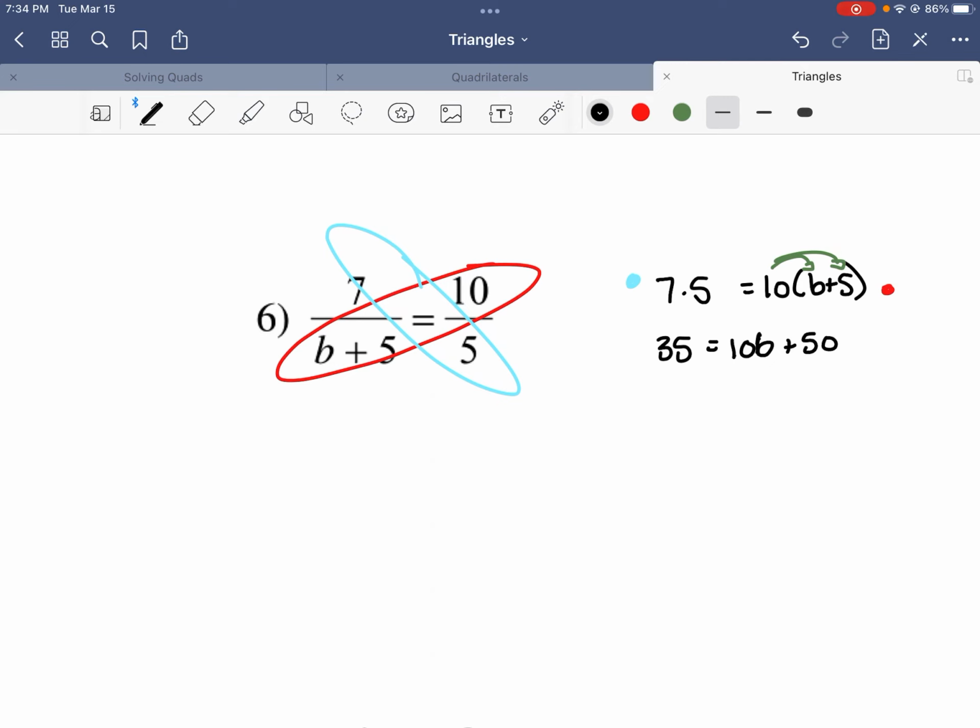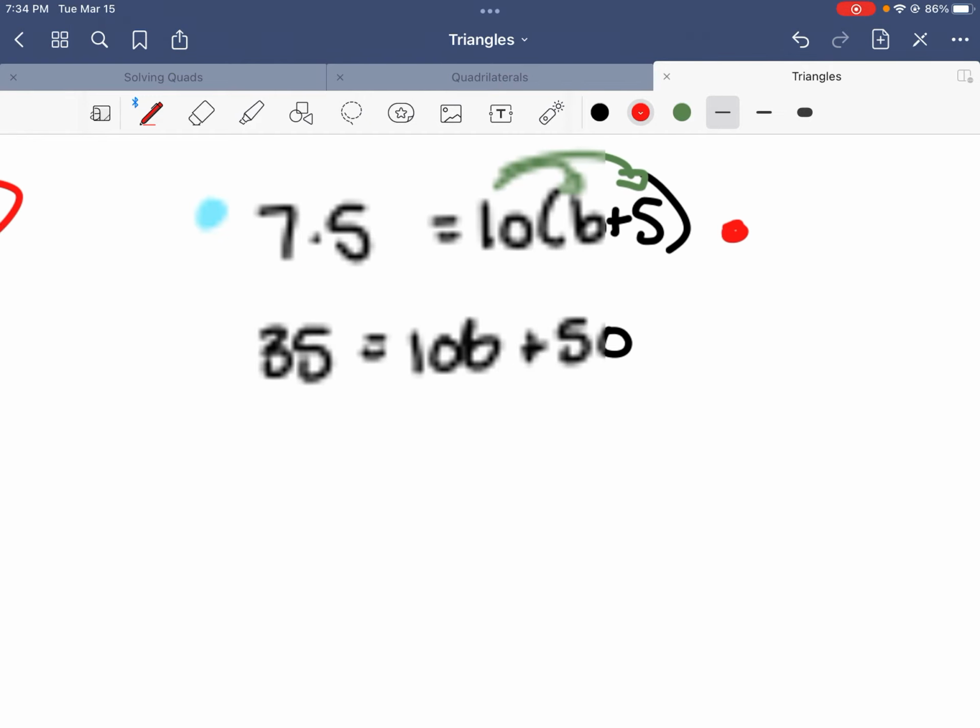So now I just have to solve for b. So I have 10b and 50. I'm going to do reverse PEMDAS, or hopefully you guys have heard my vault analogy. And if you haven't heard it, I basically say pretend b is a vault that you're trying to steal and get by itself. Would you take out the security guard in front of it first, or the security guard in front of the bank first?